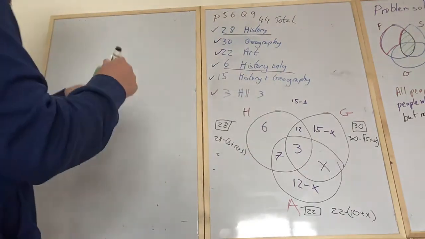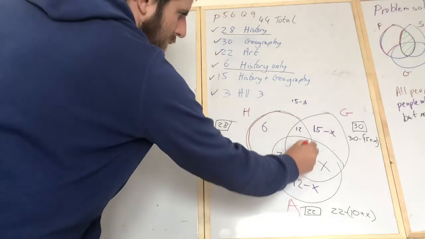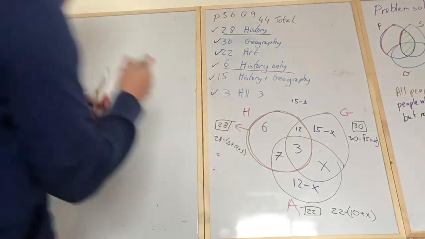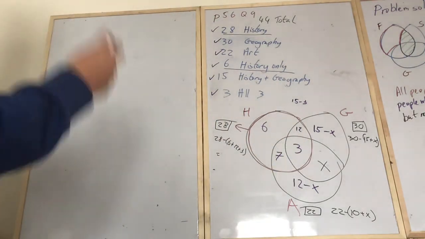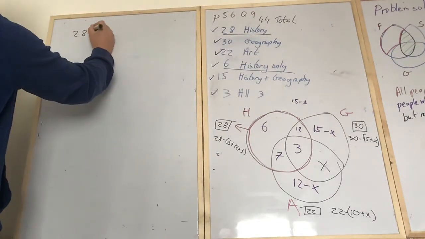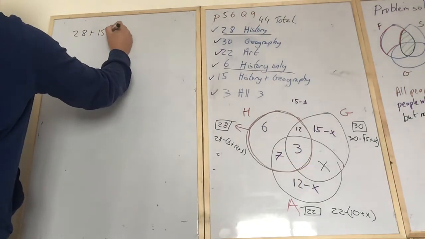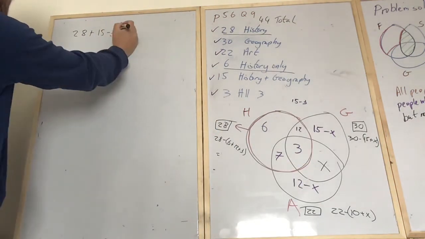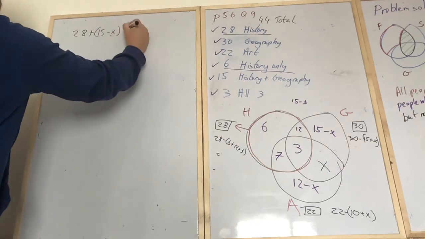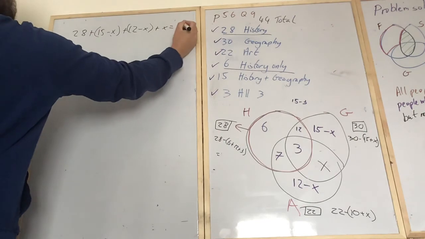I know that these 4 regions here equal 28. So rather than write 6 plus 12 plus 3 plus 7, I will write 28 plus, then I'll add these 3 regions. 15 minus x plus 12 minus x plus x equals 44.